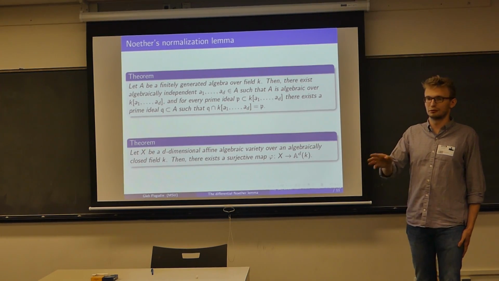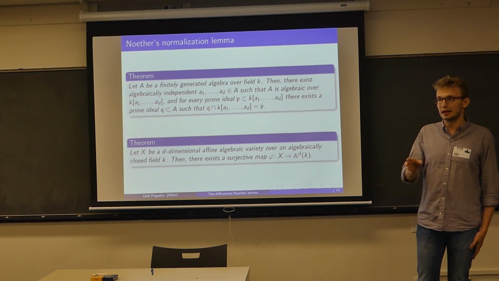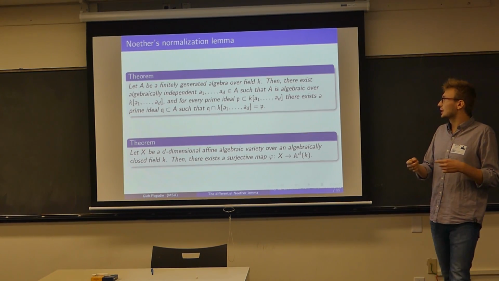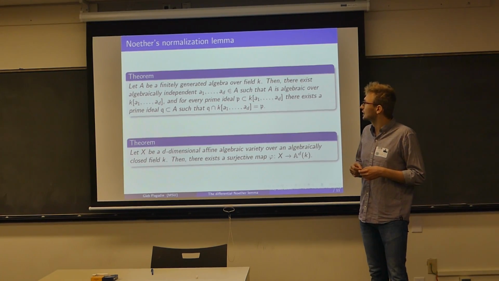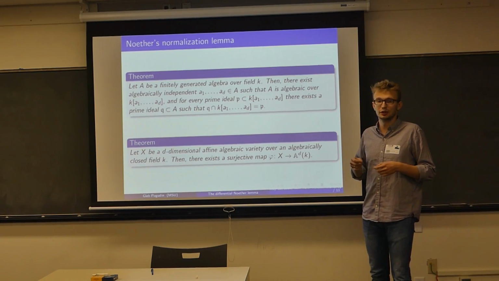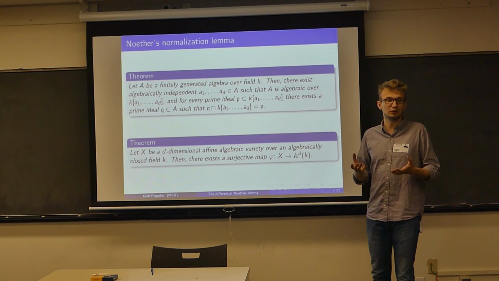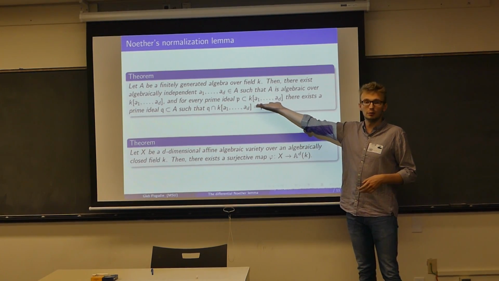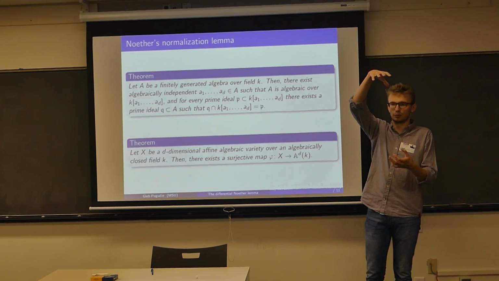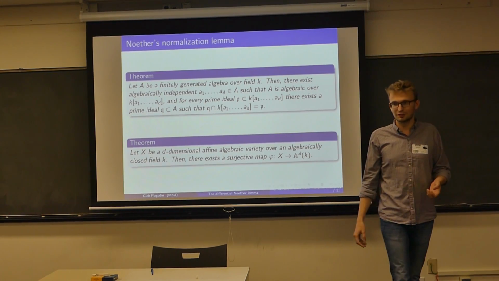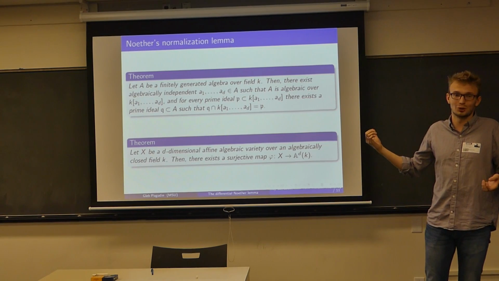You don't want fibers to be finite. And speaking algebraically, you just want the lying over property for prime ideals. For every prime ideal in this algebra of polynomials, you want to find a prime ideal lying over it. Commutative algebraists call this the lying over property.